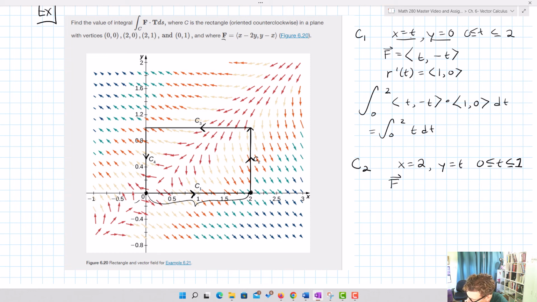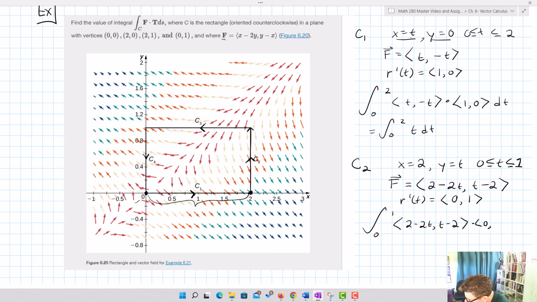So F then is going to equal (2 minus 2t, t minus 2), and r prime of t is then going to equal (0, 1). So our integral is going to be the integral from 0 to 1 of (2 minus 2t, t minus 2) dotted with (0, 1) dt. And that is just going to be the integral from 0 to 1 of t minus 2 dt.